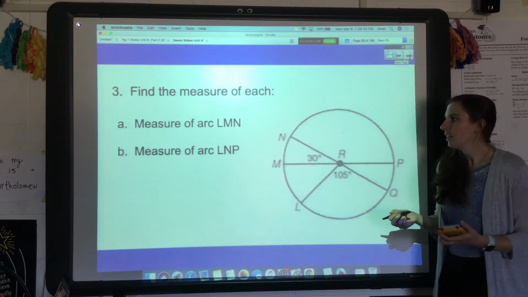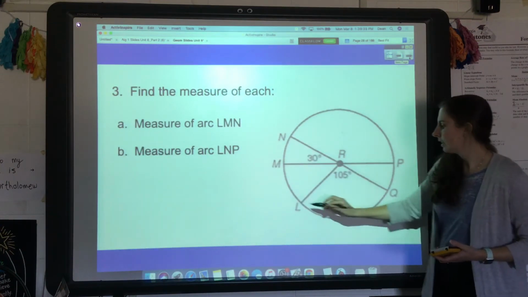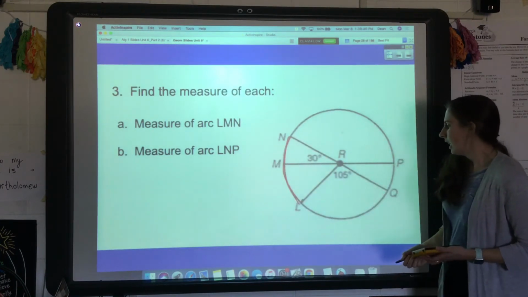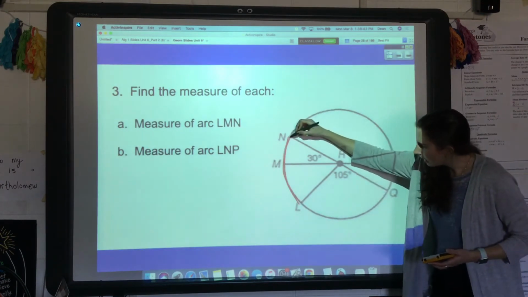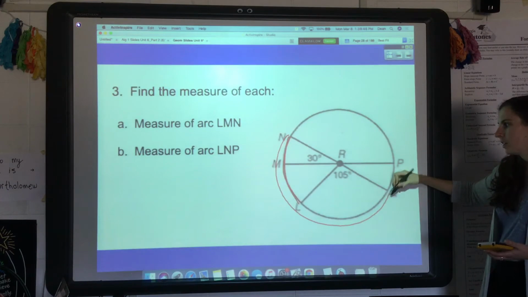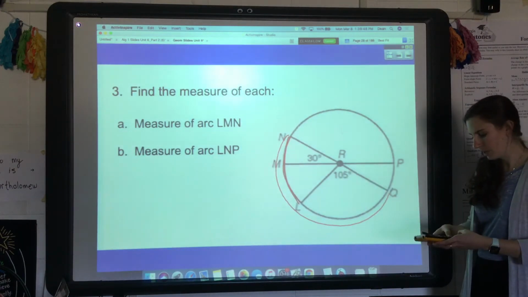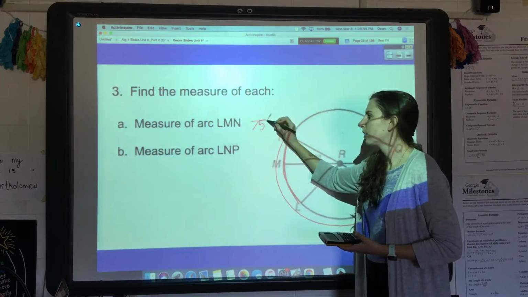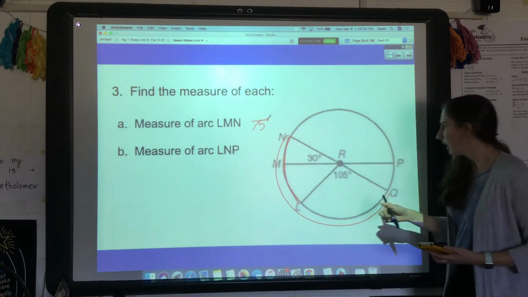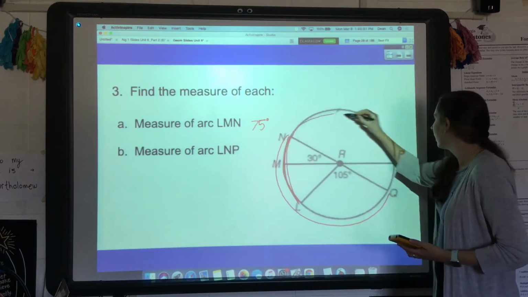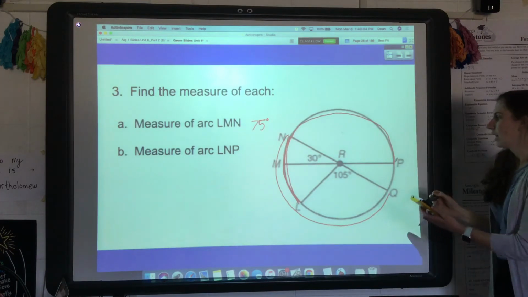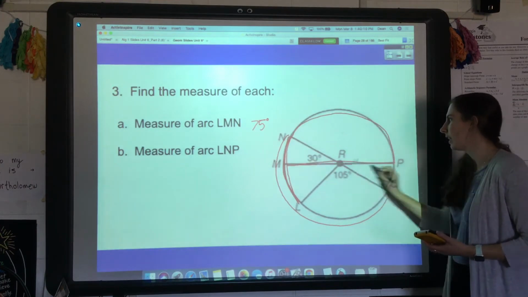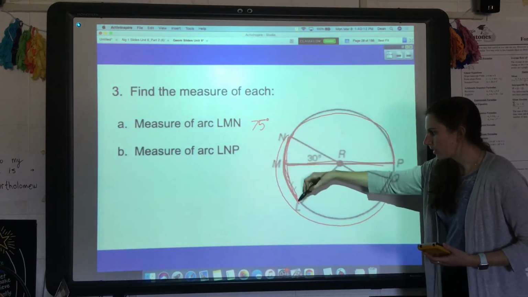All right, let's try another one. Measure of arc LMN, right here. Again, this is one where I know that this entire thing is 180. So subtract the 105, and you would get just 75 for this piece. And then LNP, I need to figure out what this little piece is.